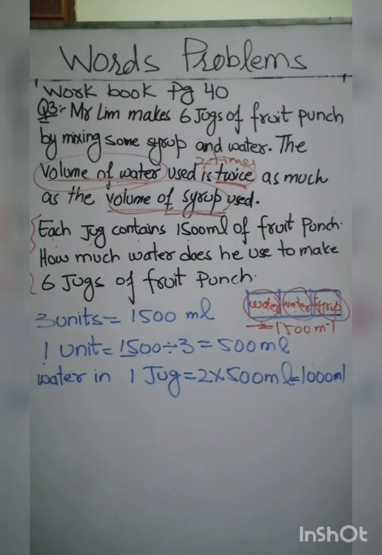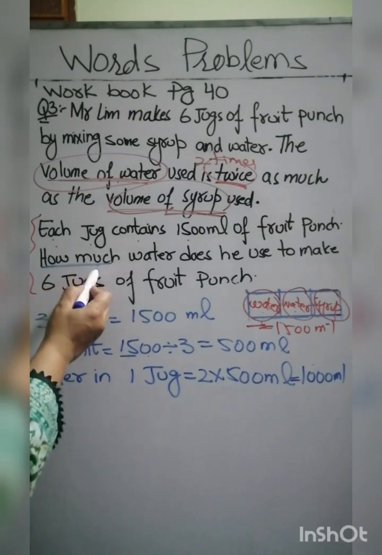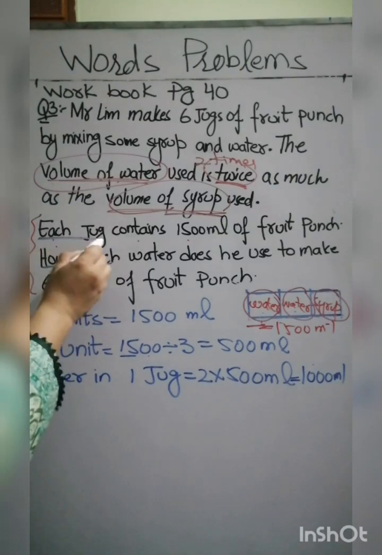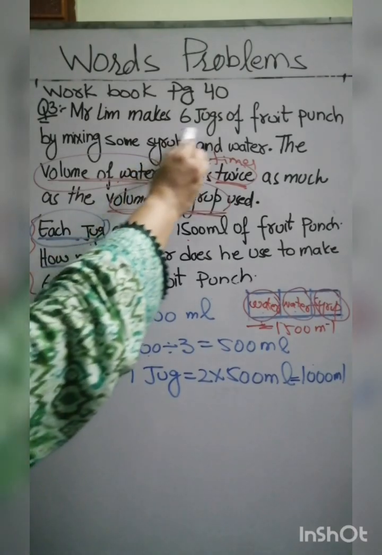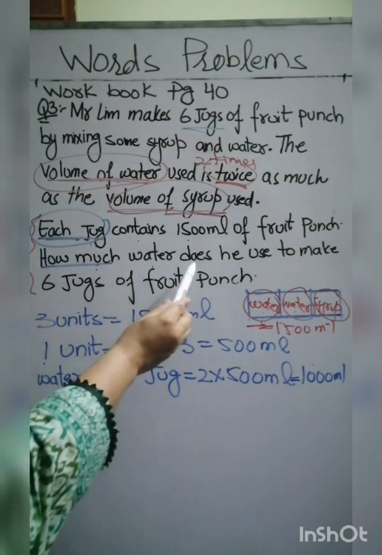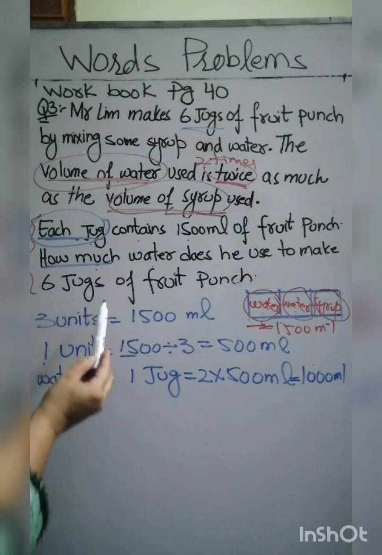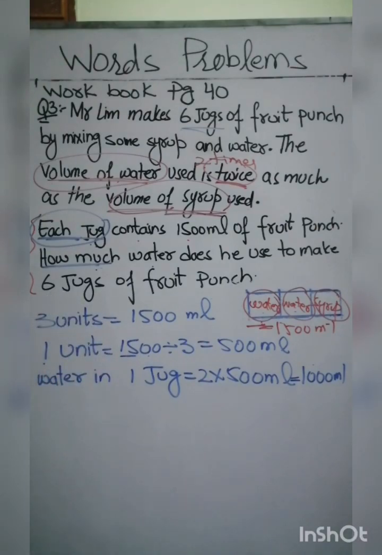Now, detail of one is given and asked for many. Here they give us each jug. Information about each jug is given, and they asked about more jugs. More jugs means 6 jugs. How much water does he use to make 6 jugs of fruit punch?